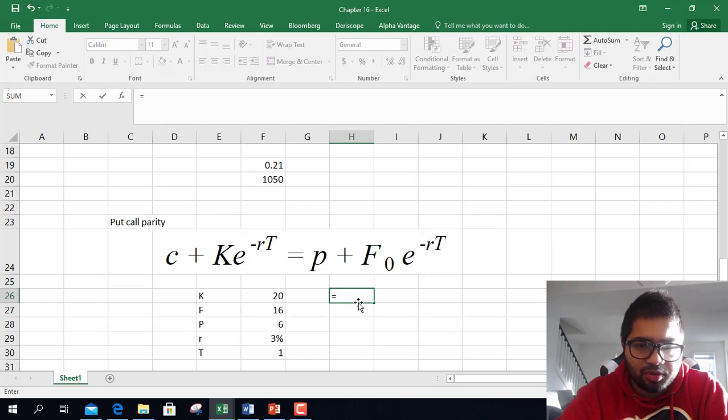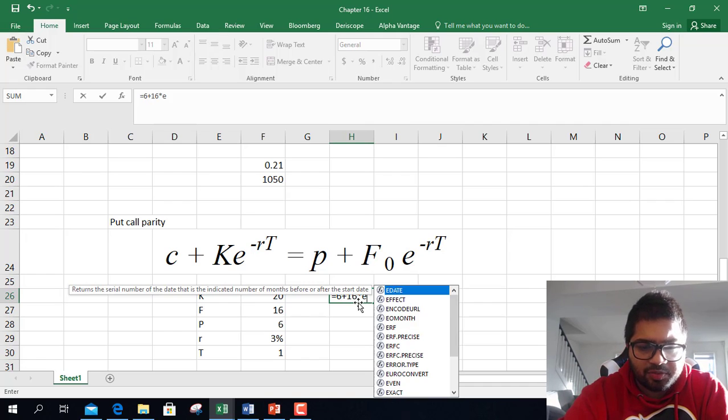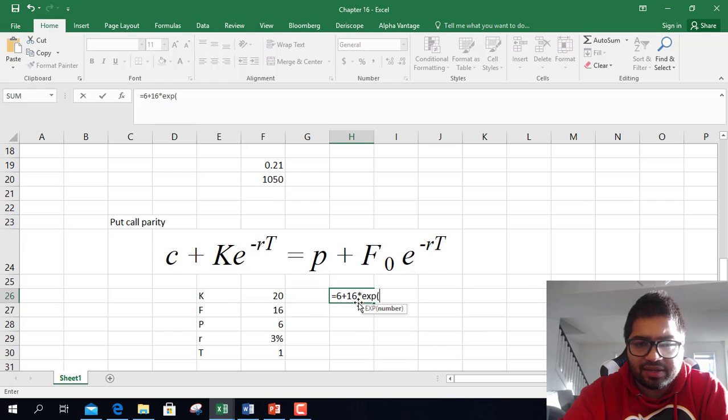So call price will be put price $6 plus future price, that is 16, into exponential of negative risk free rate 3% times T of 1, minus K, which is 20, into exponential of negative 3% times 1.